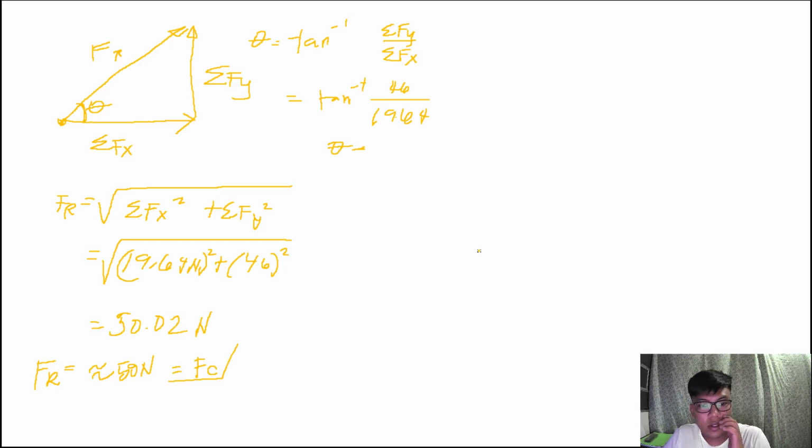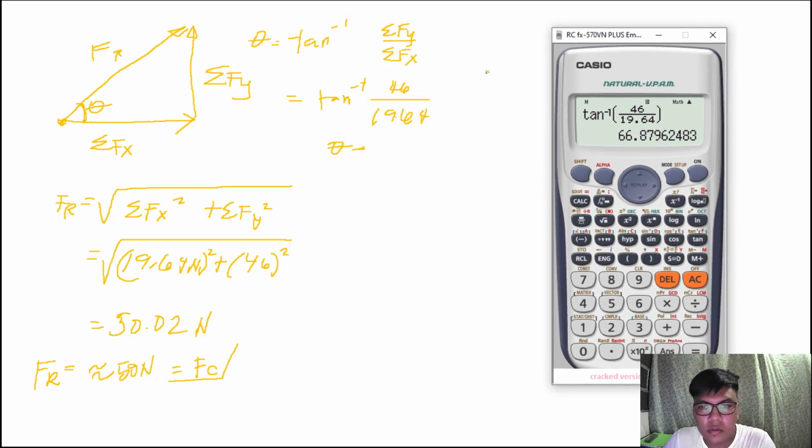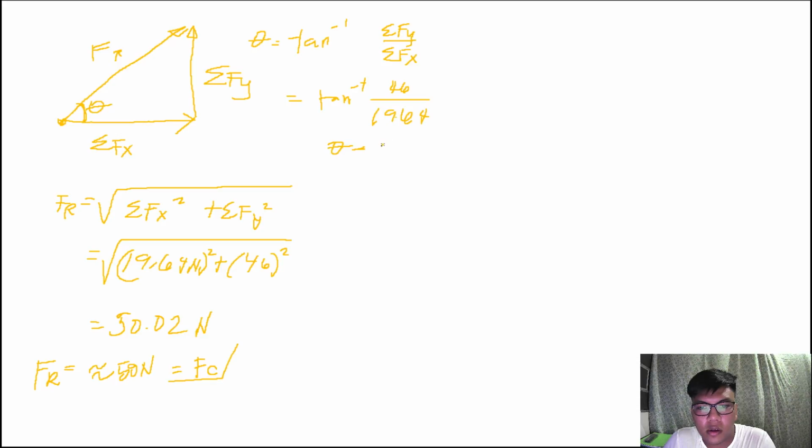Okay, 46. Opposite. Okay, ulit lang. Inverse tangent 46 over 19.64. Okay, so we have 66.88 degrees. So yun yung direction, ano?